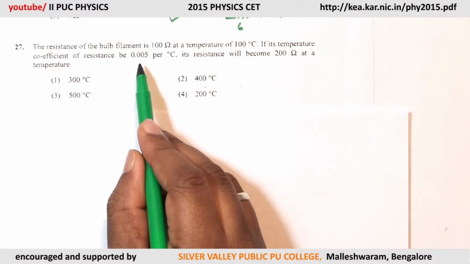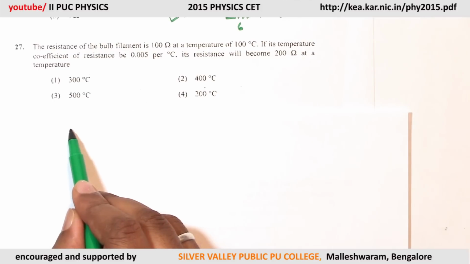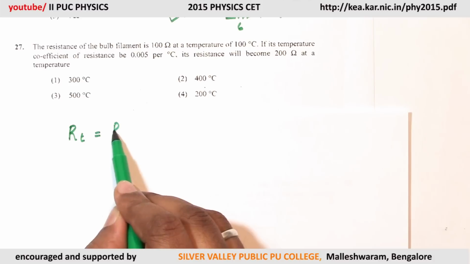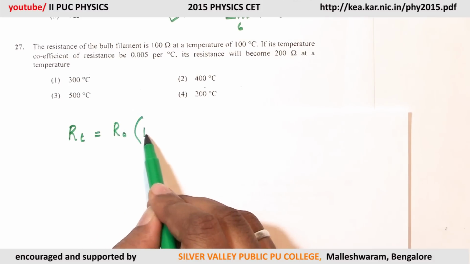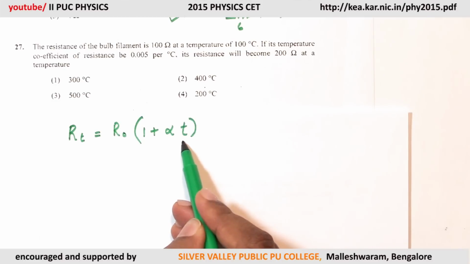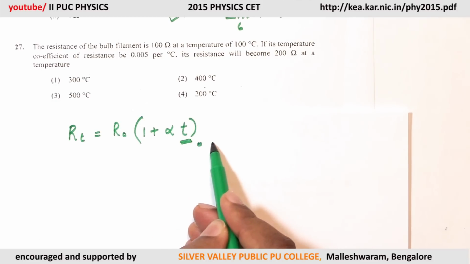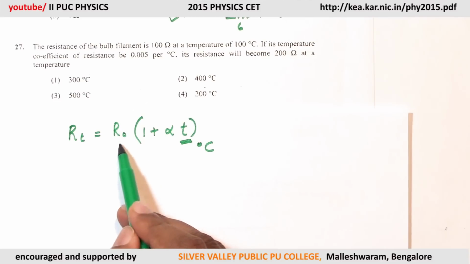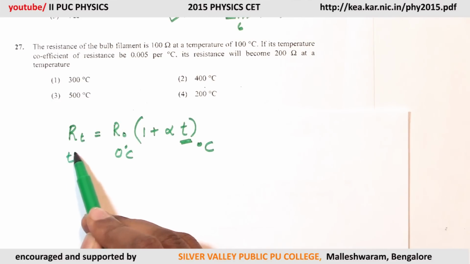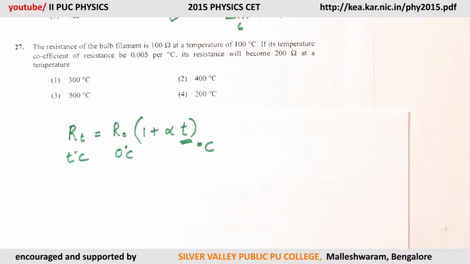So the temperature coefficient of resistance: resistance at some temperature is equal to resistance at 0 degree into 1 plus alpha t. Observe, this small t is in degree Celsius. This is the resistance at 0 degree Celsius. This is the resistance at t degree Celsius.